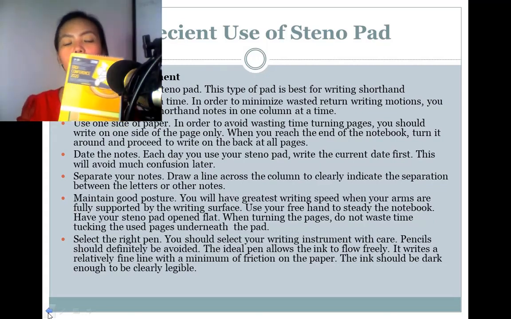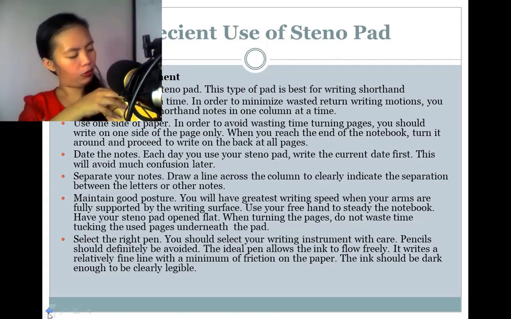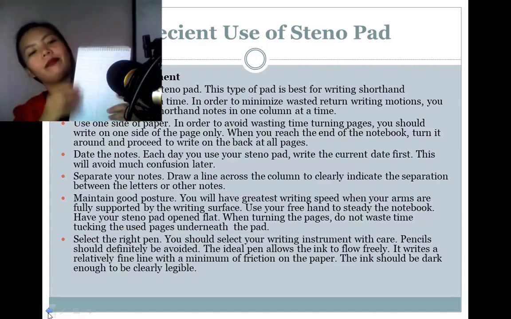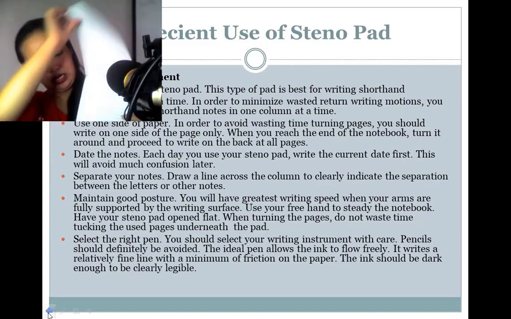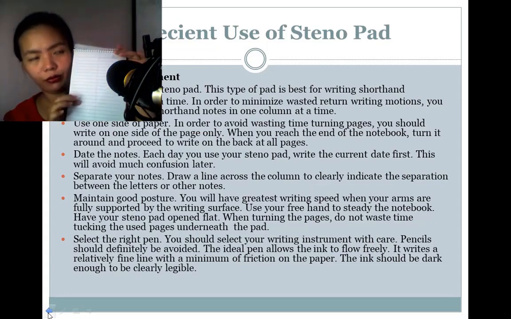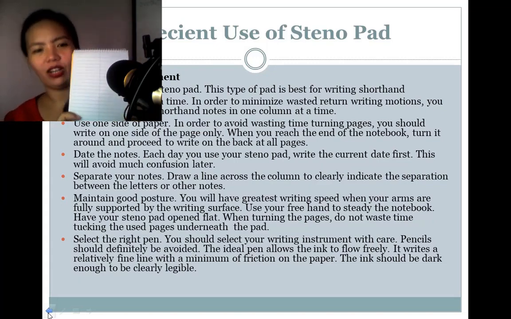And then when you open a steno pad, this is how it will look. It has two columns, the left and the right. So, this is our steno pad. Okay?